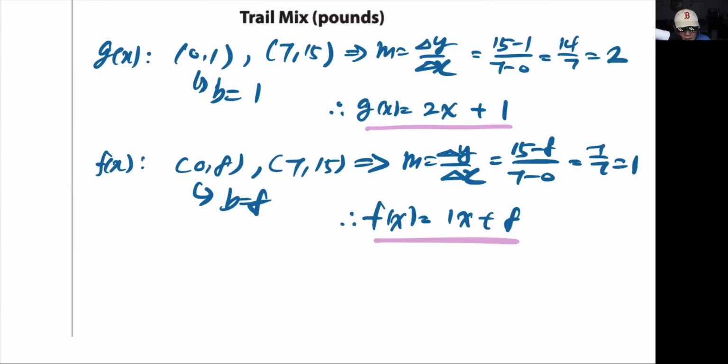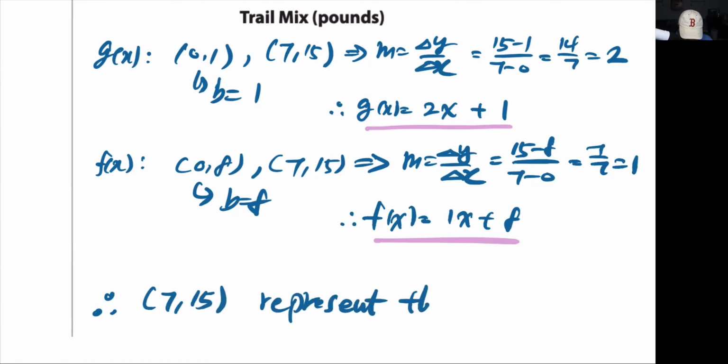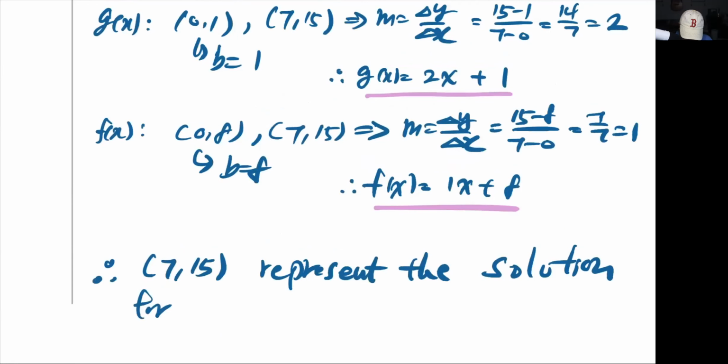There you go. So now we have to interpret this, right? So what we say is, therefore, (7, 15) represents the solution for the system of equations, for 2 equations, guys.